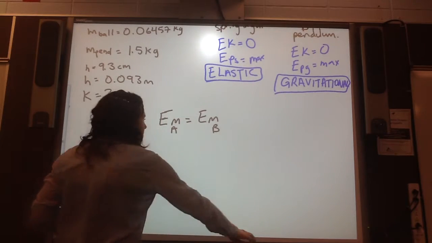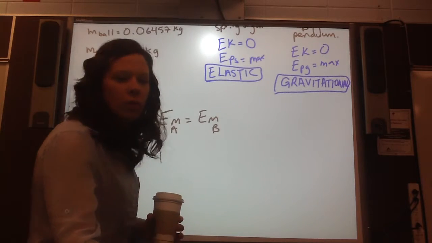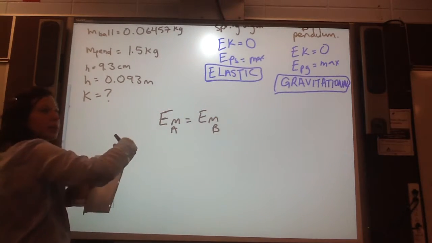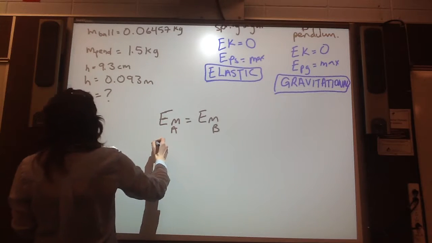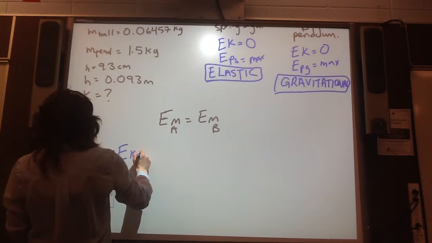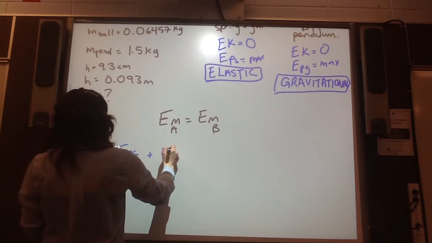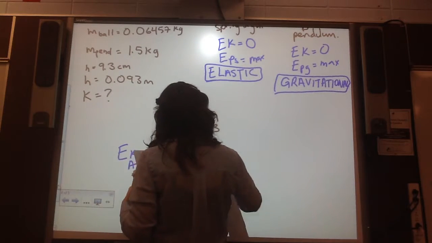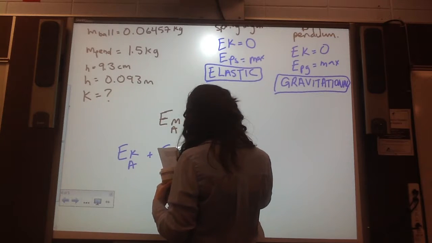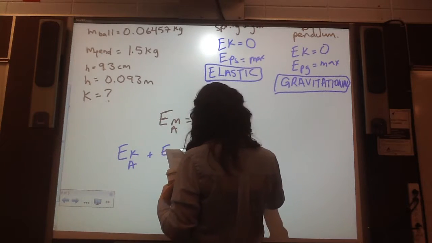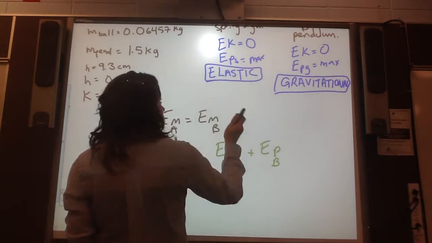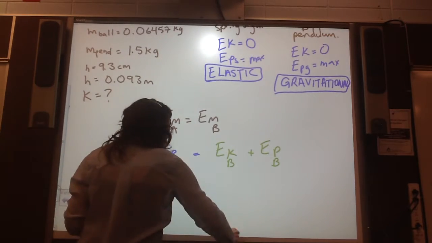So now let's expand each one of these. At position A, I'm dealing with elastic energy. So EK at A plus EP at A is equal to EK at B plus EP at B. Let's cross off the things we know are 0.